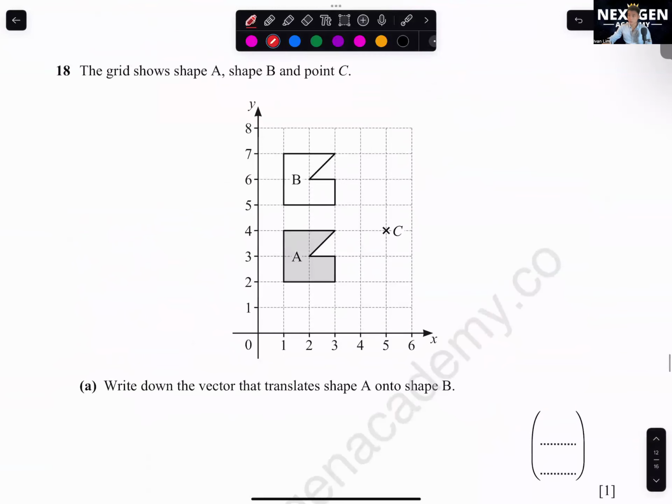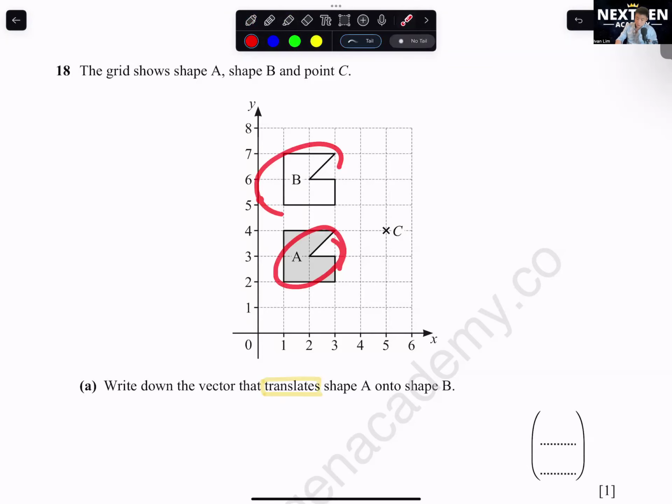Question 18. The grid shows shape A, B, and point C. Write down the vector that translates shape A onto shape B. This is on the topic of transformation. What does it mean to translate? To translate shape A to shape B, this is called your object, and this is your image.